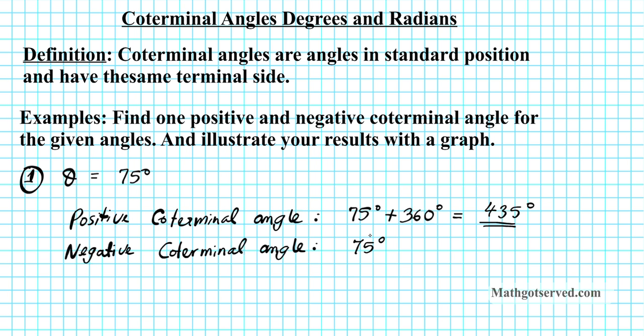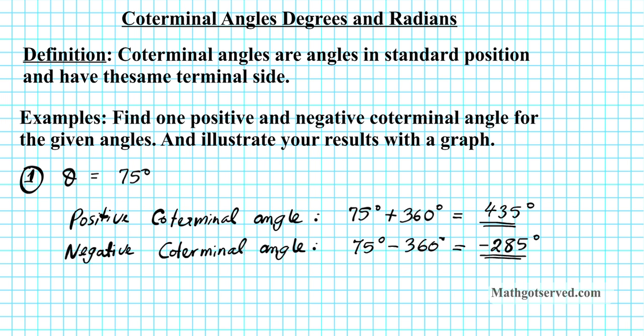A full circle rotation in the clockwise direction is equivalent to subtracting 360 degrees from your initial angle of 75 degrees. When you do the arithmetic, you end up with negative 285 degrees as your negative coterminal angle to 75 degrees.